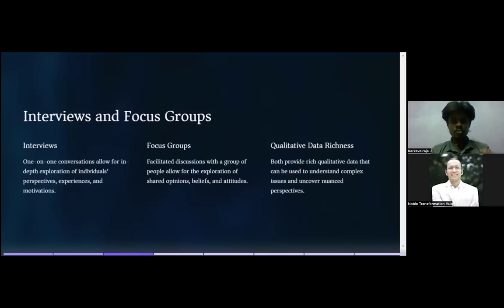Next, focus group. It facilitates discussion with a group of people, allowing exploration of shared opinions, beliefs, and attitudes. I will explain, guys. Consider whoever is watching this video, you all come under the category of data science enthusiasts. Whatever the product, consider I need to sell a book on Python or a book on data science.